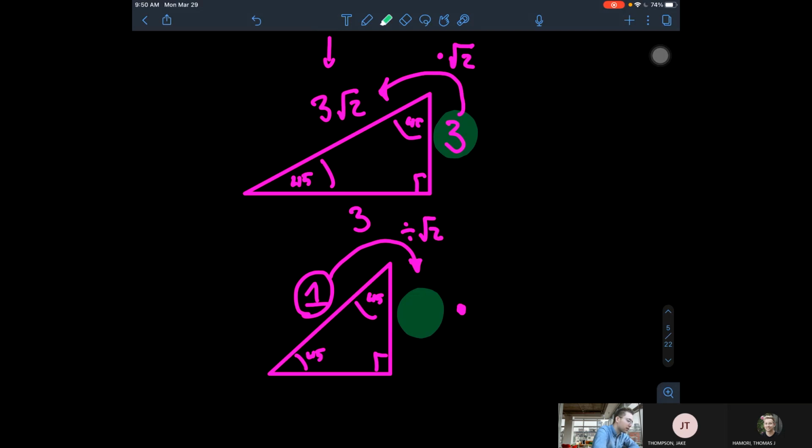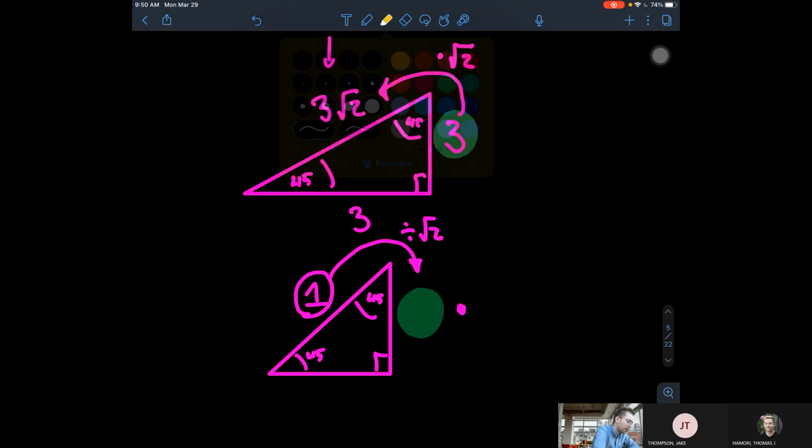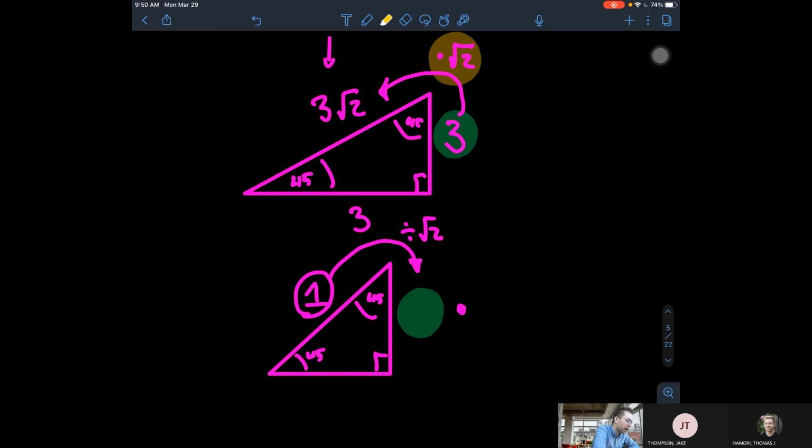Do you see how these two processes are the same in yellow here? If I want to go from the side to the hypotenuse, I should multiply by the square root of 2. And then if I want to go from the hypotenuse to the side, I should do the opposite of that process. I should divide by the square root of 2. Okay.